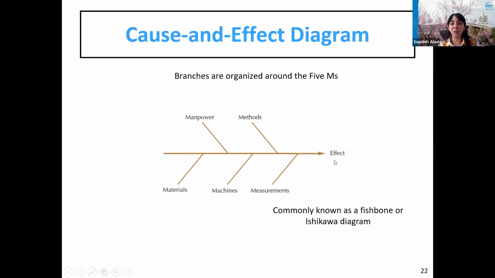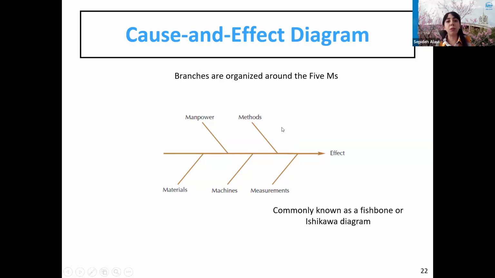It's like the main bone for the fish, which shows the effect, which shows the problem. For example, our problem is that we have late deliveries, or the problem is the lost order, or high defect levels, okay? And then we start to brainstorm and identify all possible causes.